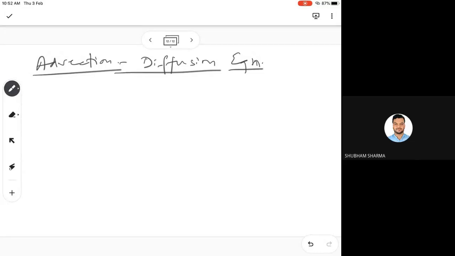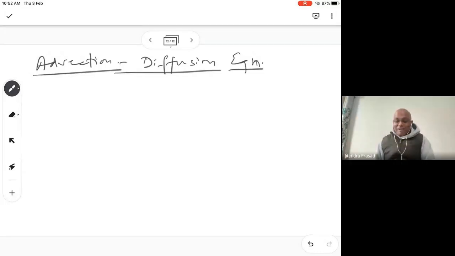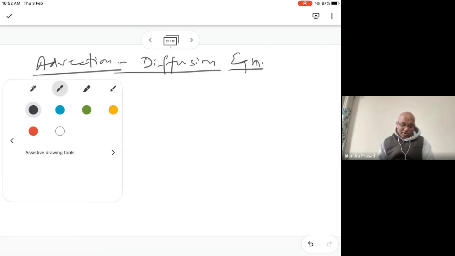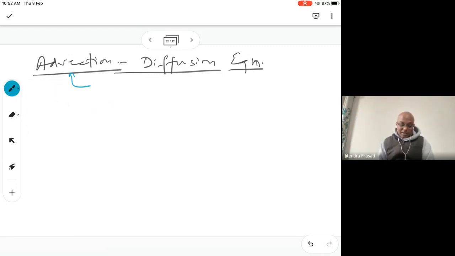So advection is because of the fluid flow coming into the picture. What is the meaning of that?